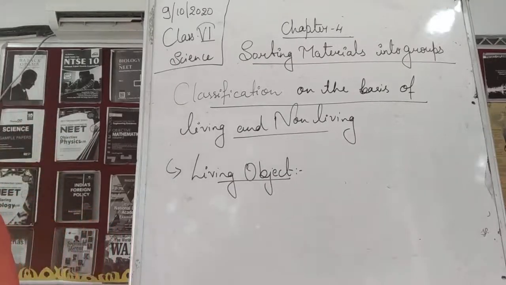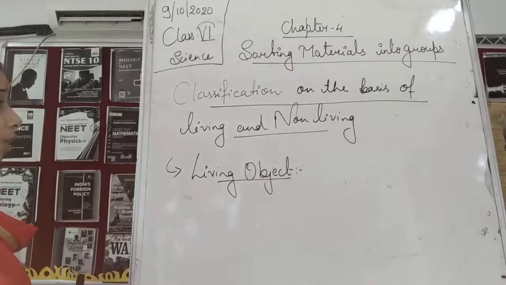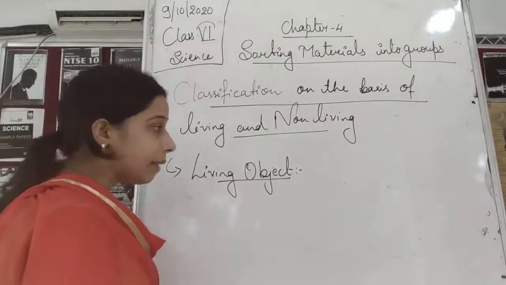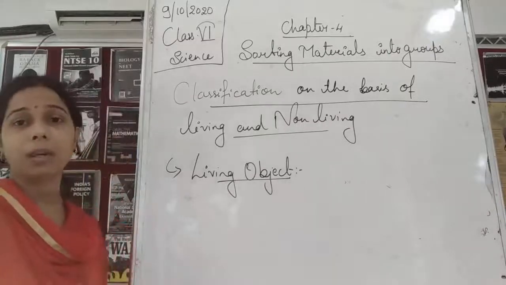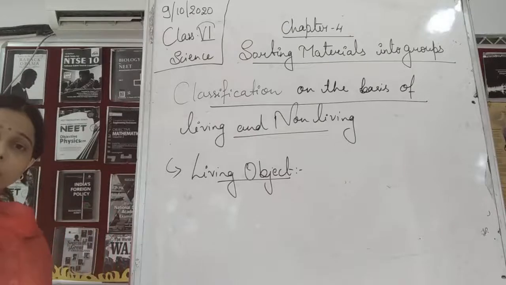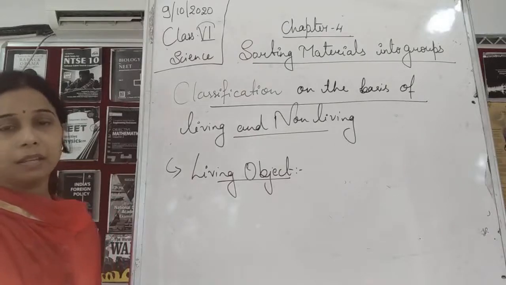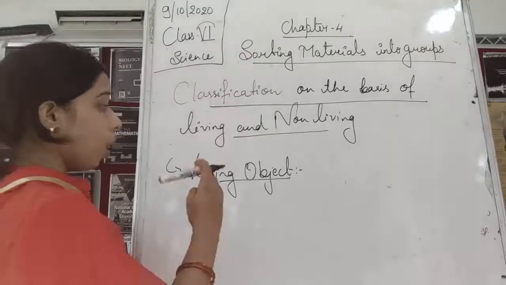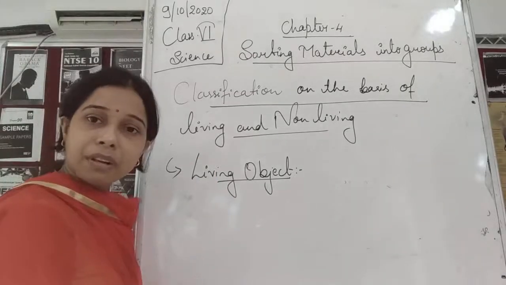Okay, now let us write it. There are certain characteristics of living organisms, and on that basis we will say whether an object is living or non-living. So what are the different characteristics of a living object, students?